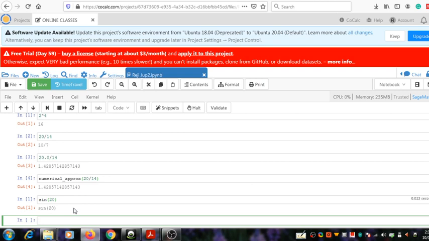See, for example, consider this: y is equal to, I am using a variable here, y equal to sine 20.